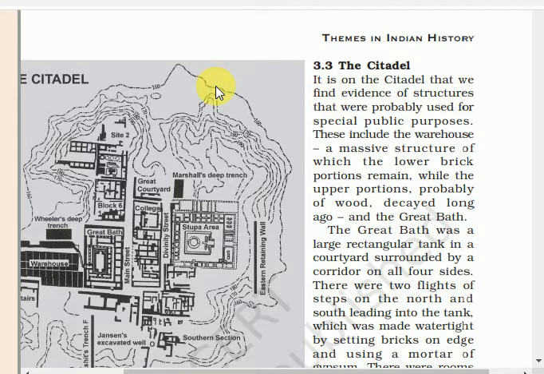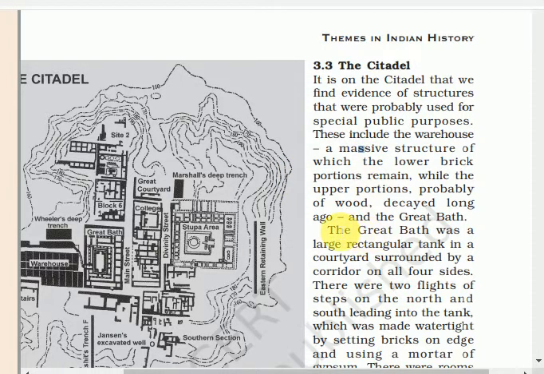What was in the Citadel? In the Citadel we have found massive structures including warehouses, granaries, etc. Some of the structures may have been used for public purposes.